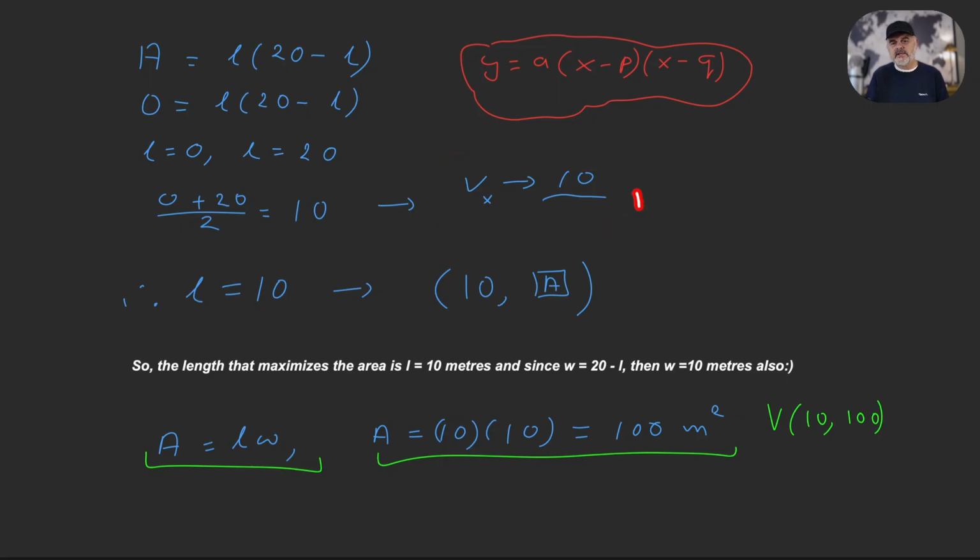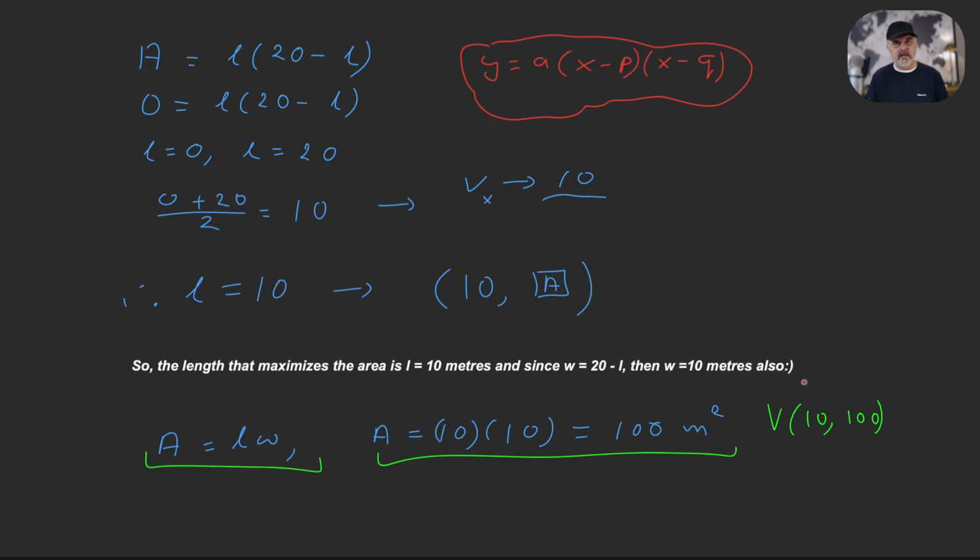So 10 represents the length dimension. How long is one side of the rectangular shape? Boom. Once you have the L, you can find the W, because length plus W is equal to 20, right? So you find the W using this equation from the previous page. Boom, you have all the dimensions that you wanted to find.